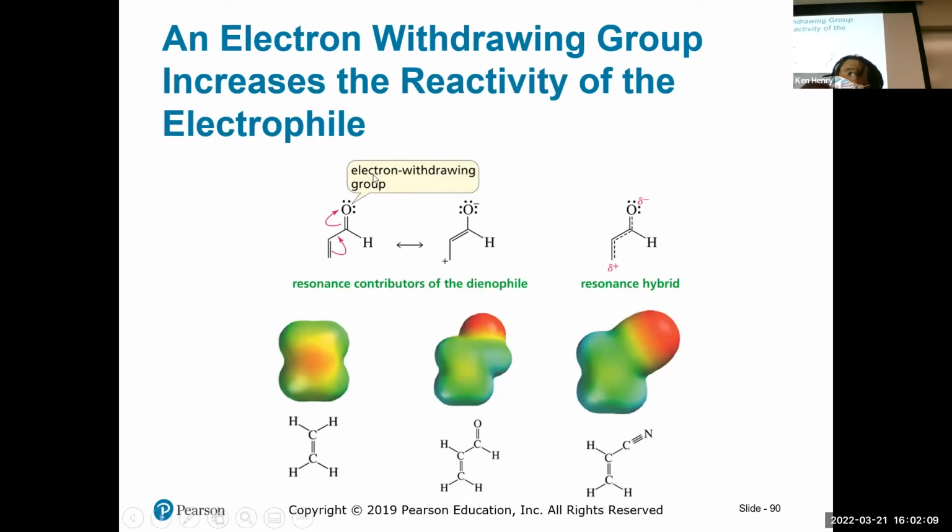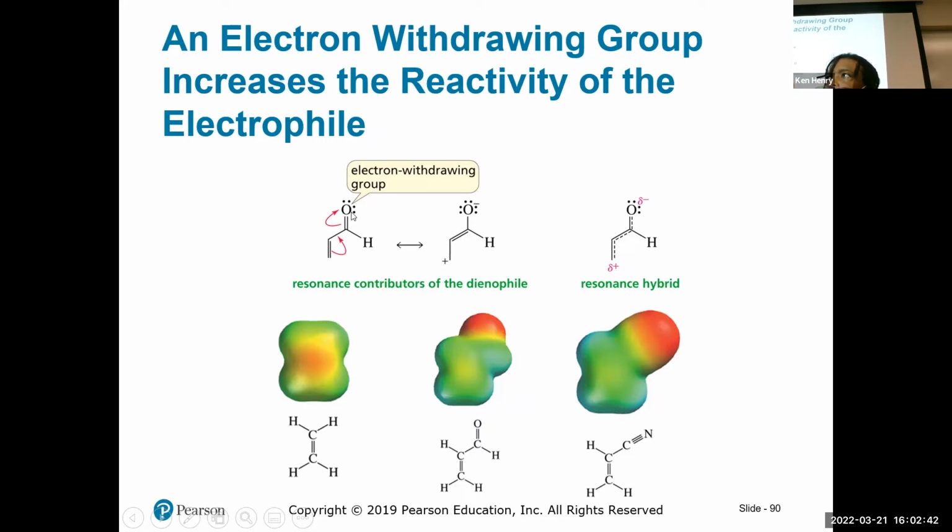Okay, an electron withdrawal. So when we're withdrawing electrons, that's going to increase reactivity. And so here, electrons are going to be withdrawn from the oxygen group here. So in this case, the double bond is going to donate its electrons to here. Then this double bond is going to donate its electrons here.